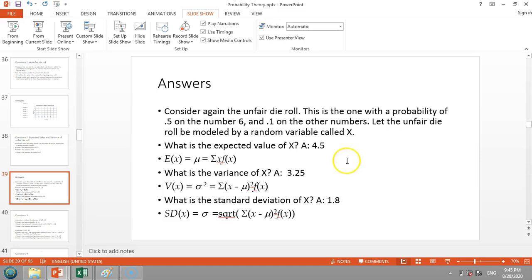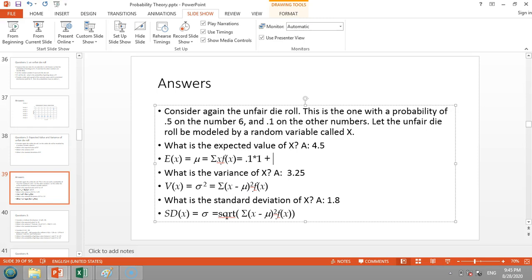And then the answer is 4.5. How did you compute it? If you don't want to think about this, you add 0.1 times 1, because it can be a 1. Then the probability of getting a 2 will be 0.1 times 2, plus dot dot dot.